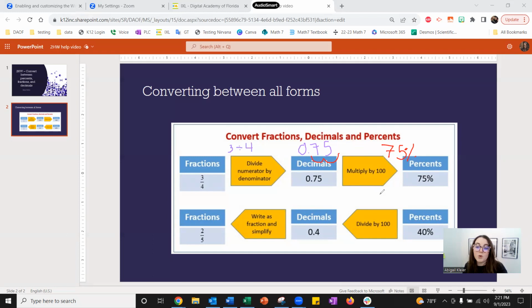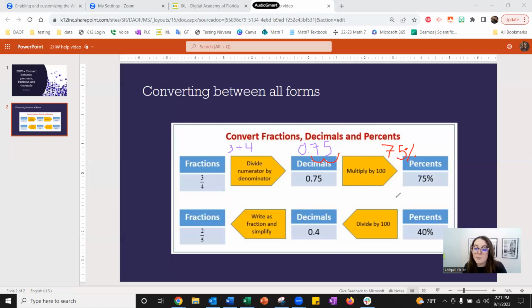So in this case, 0.75 is equivalent to 75%. You can tell that this makes sense because 0.75 is not quite 1 or a whole, right? And 75% is also not quite 100%. So that's the way that those two numbers are related.